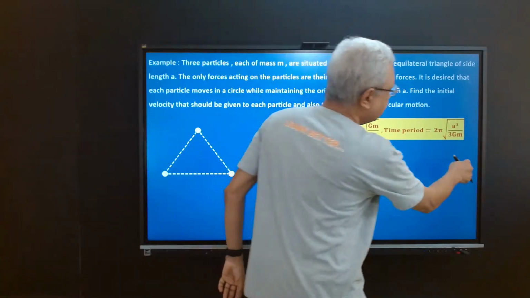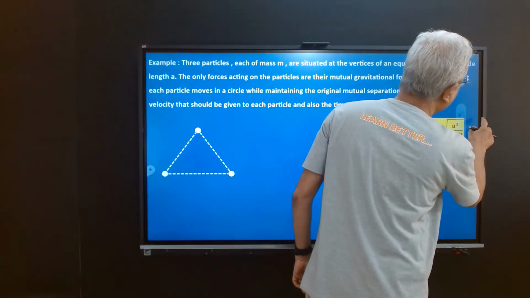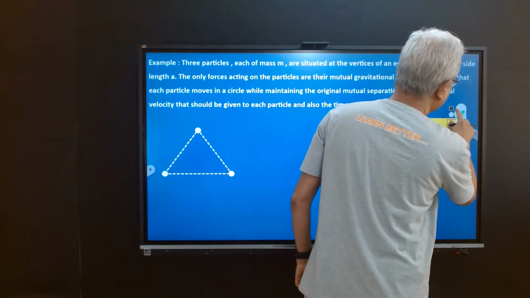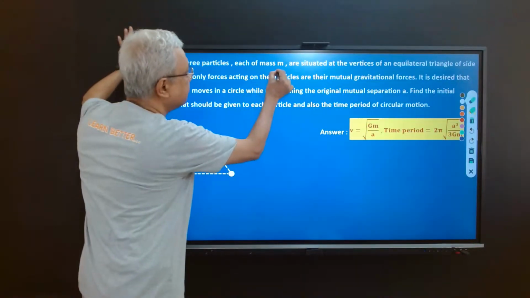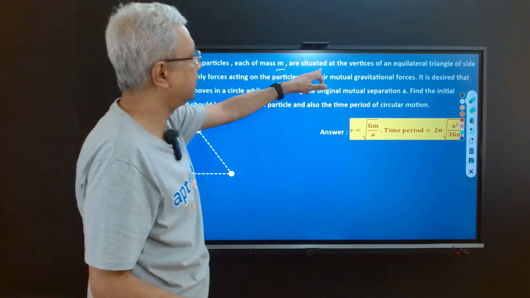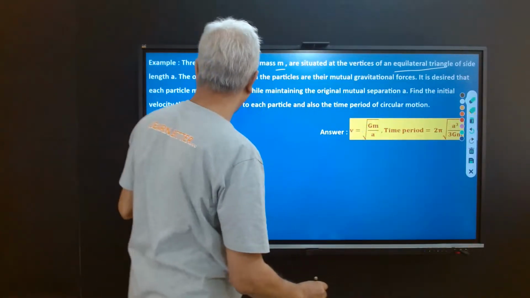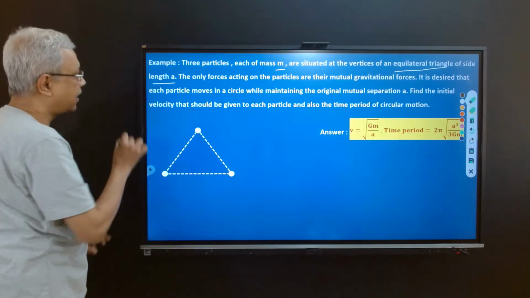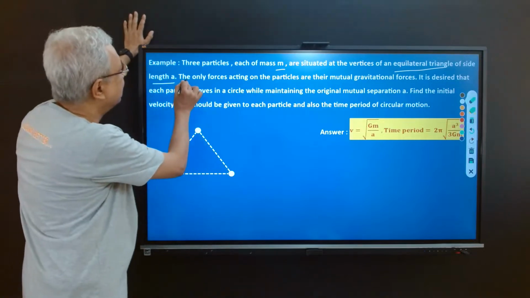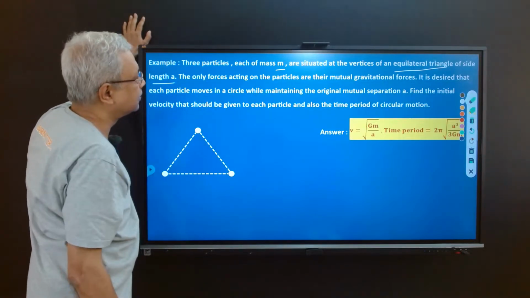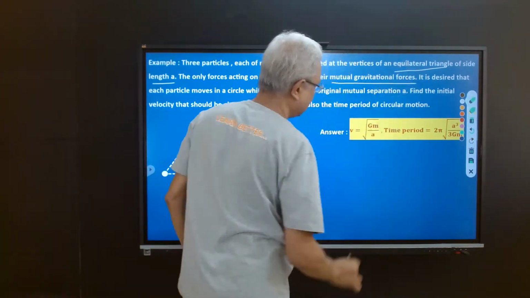Three particles, each of mass m, are situated at the vertices of an equilateral triangle of side length A. The next line is interesting. The only forces acting on the particles are their mutual gravitational force.